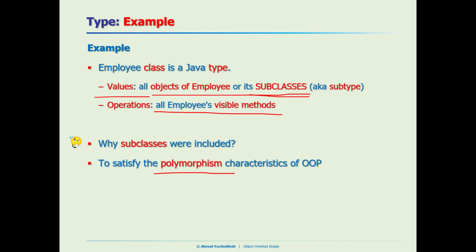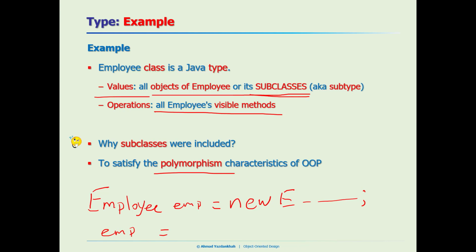So if you instantiate, for example, let's say emp equal to new employee, this emp also can be assigned a manager, for example, new manager, which is a subclass of the employee.